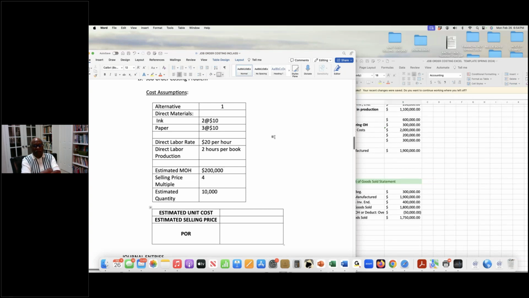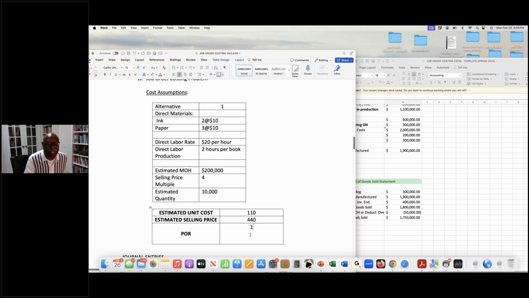The unit cost we got was 110, the selling price was 440, and the POR was 10. So unit cost is how much? 110. Selling price, 440. And your POR was what? 10.